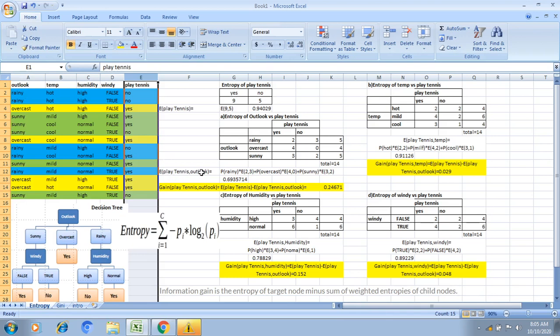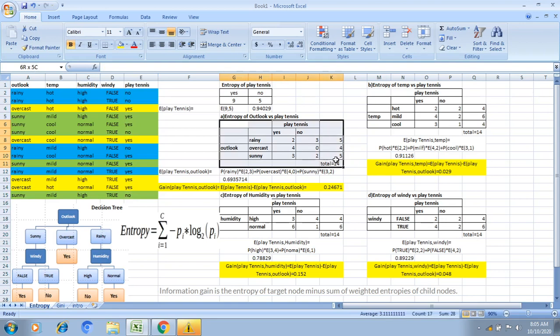Here I need to calculate play tennis versus outlook. What is the relationship between these two? First, P rainy is the weight of rainy. For example, here I draw one more table. This table contains the relationship between outlook and play tennis. Rainy, overcast, and sunny are the child nodes of outlook.